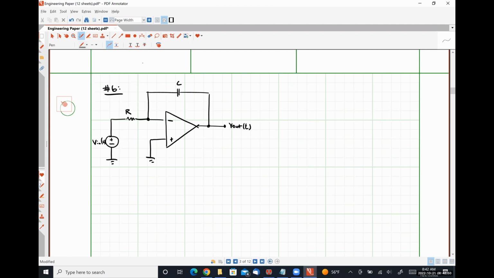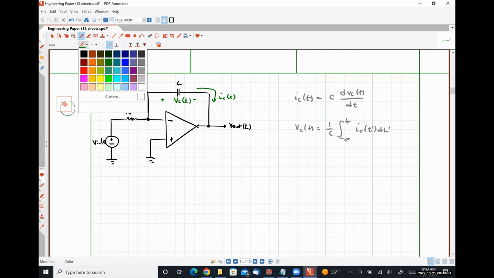I'm going to write down my capacitor relationships again, like so. I'm going to define my capacitor voltage in this way and my capacitor current in this way.